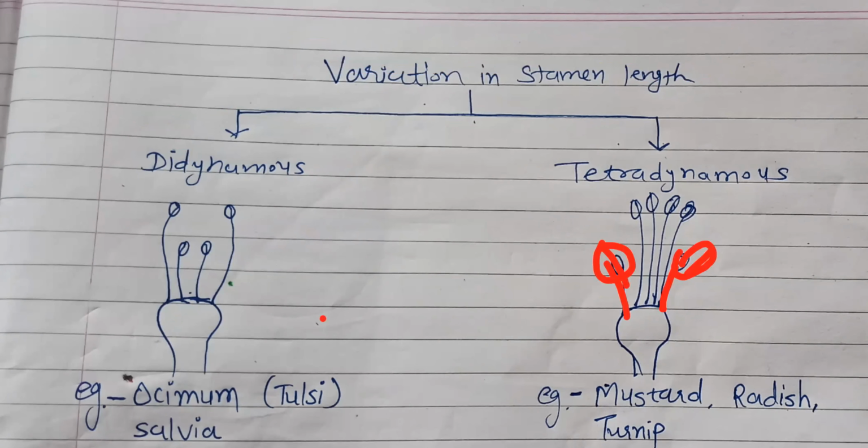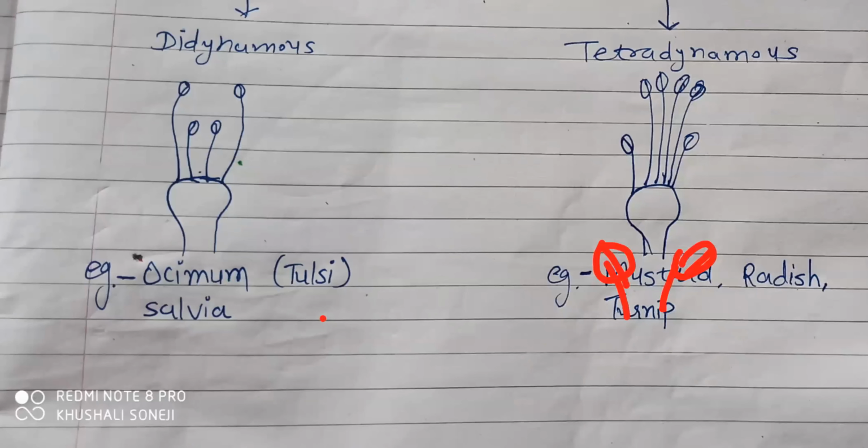Didynamous example first, Ocimum, Tulsi, and Salvia. Ocimum and Salvia in the didynamous condition, and mustard, radish, turnip in the tetradynamous condition.